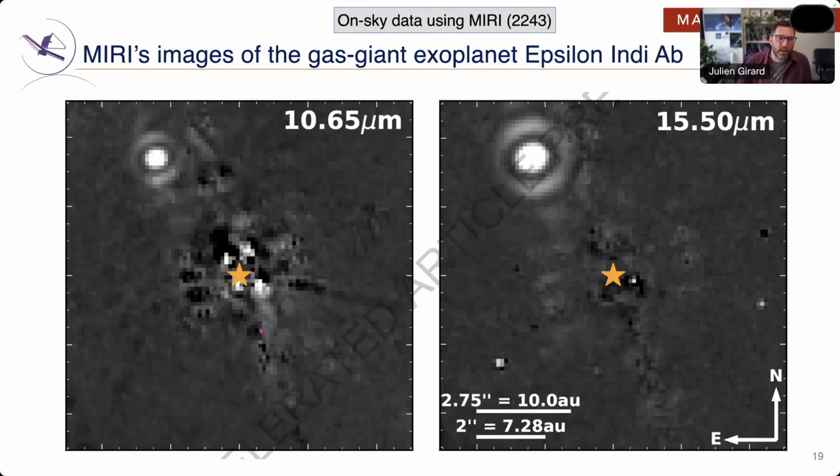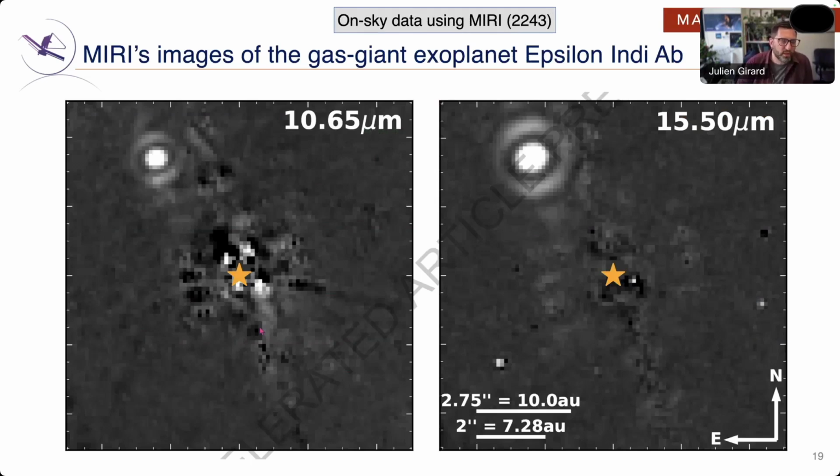And that's the main result I was talking about from MIRI. I mean, I said main result, there are tons of results, but this one is very striking because this is, at this point, the coldest and most mature planet ever imaged. And the unfair advantage of MIRI is striking.